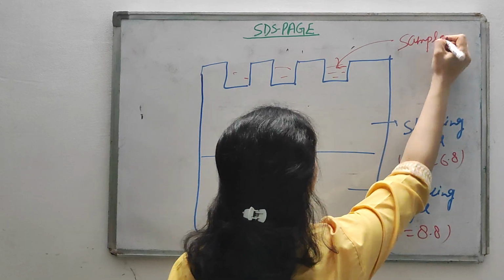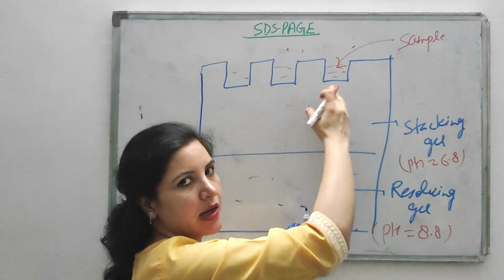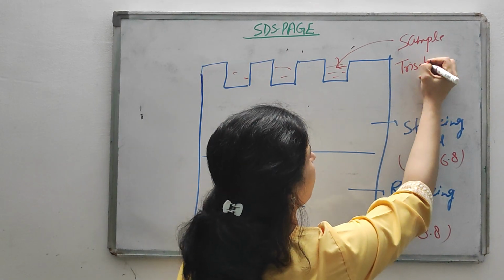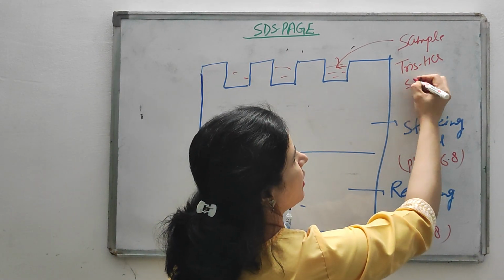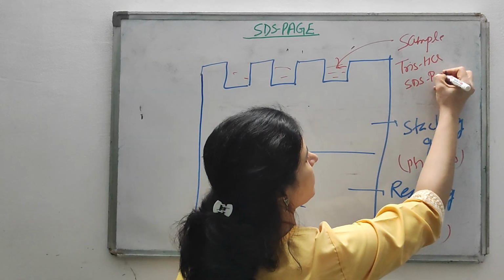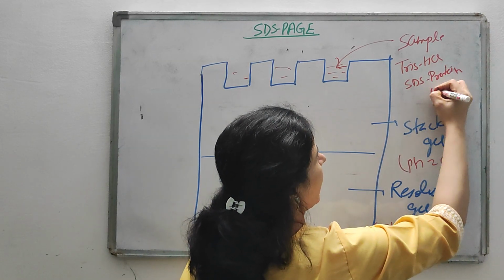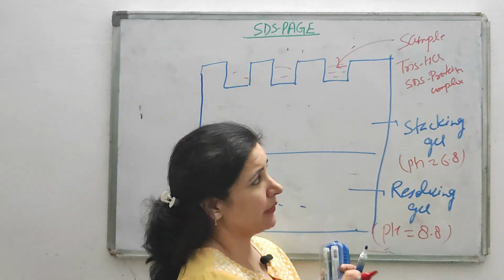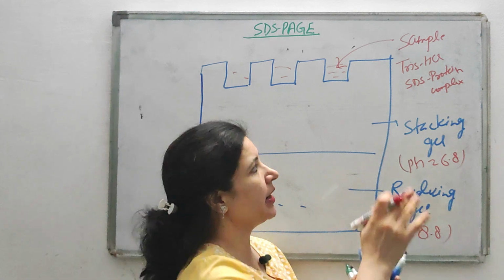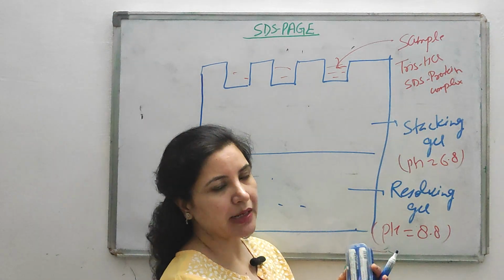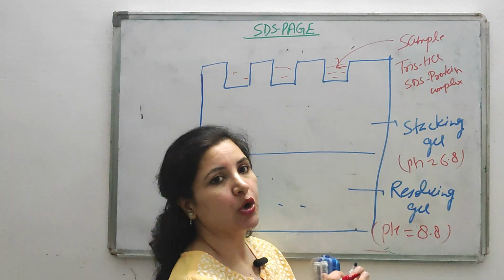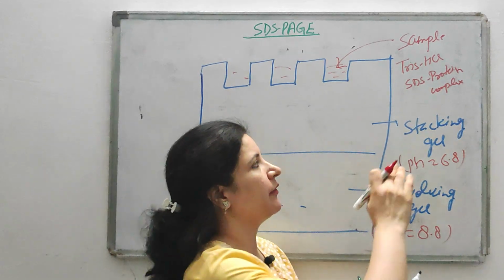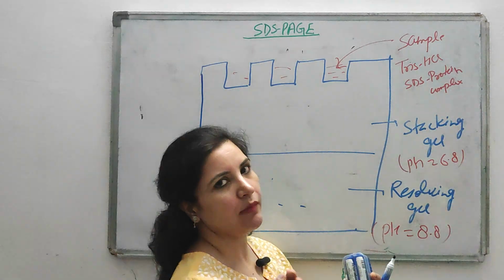These are the wells, and in these wells you will pour your sample. The sample has your Tris-HCl and your SDS-protein complex. As we have studied, while you prepare your sample, you put Tris-HCl to maintain the buffer, and there is an SDS-protein complex. SDS is sodium dodecyl sulfate, an anionic detergent, so it provides all proteins a uniform negative charge.